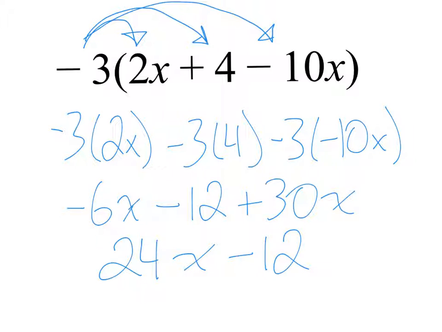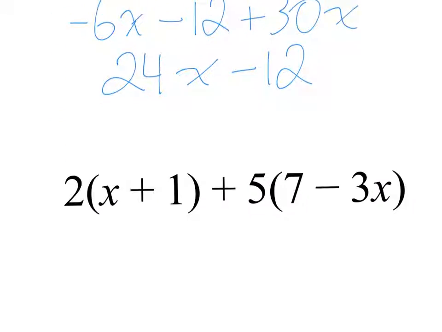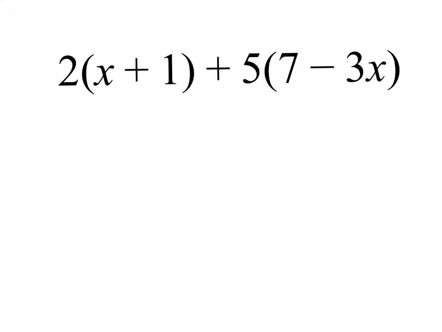Let's see one more here. Alright, so now we have 2 places we have to distribute. We have this first thing there, and then we have our second place we have to distribute here on the end.